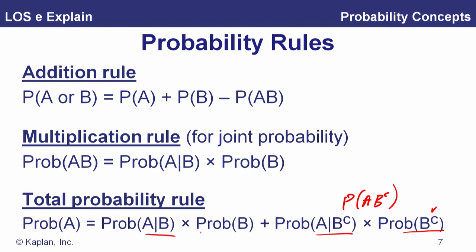Over here, we've just got the probability of A given that B happens. Well, as long as we've got B and not B, we've covered everything. And so by adding those together, we get the probability of A.